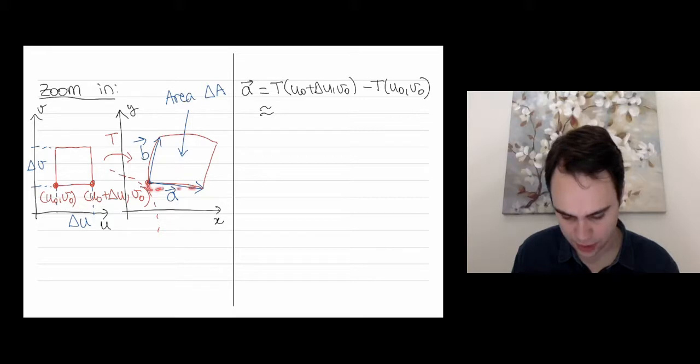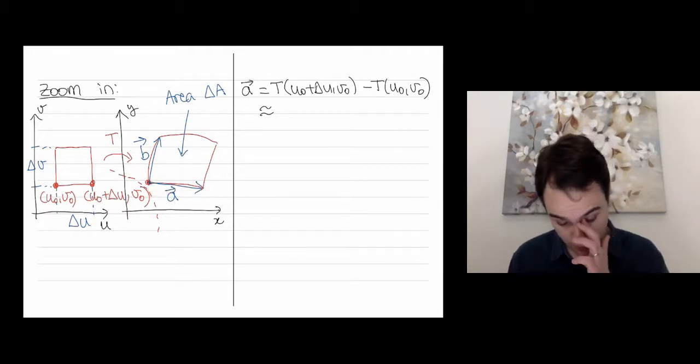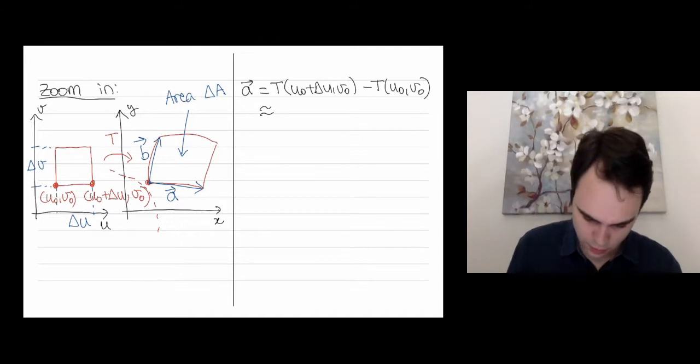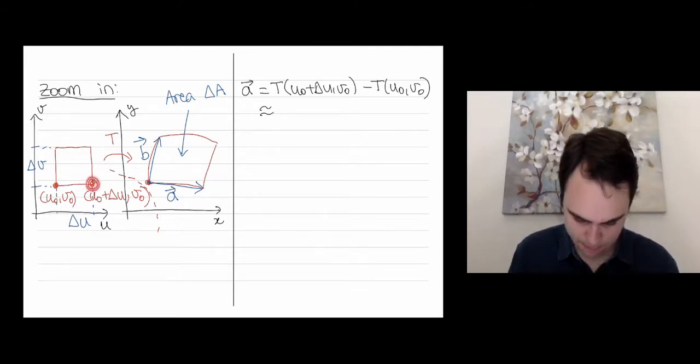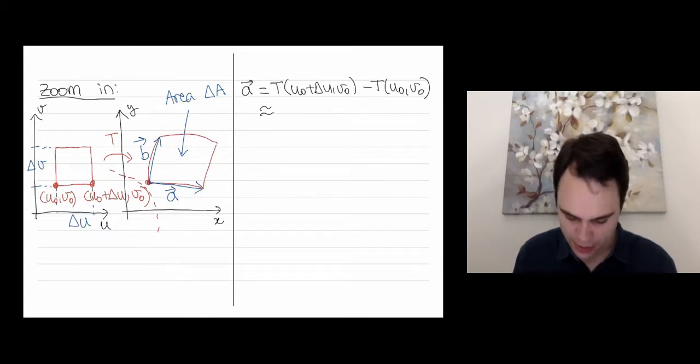This vector A has a y coordinate and an x coordinate. So what's this x coordinate? Let's just look at the x coordinates of these two points. This is x of this value, and this over here is x of this value.